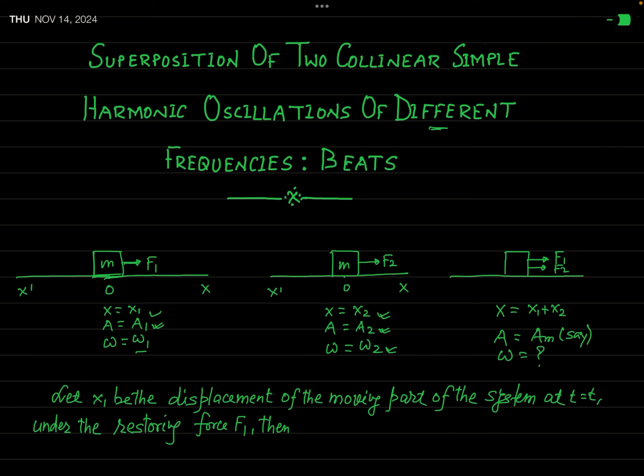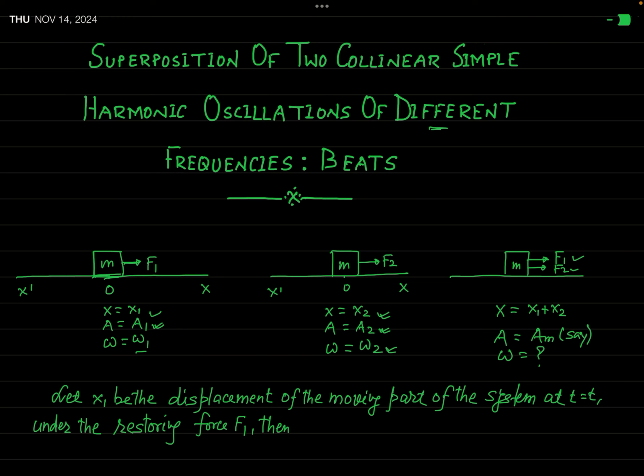Okay? Now we will see what will happen when both of these restoring forces F1 and F2 act upon this oscillator simultaneously. So in this third figure you can see I have shown both F1 and F2 acting on this oscillator simultaneously. In this condition, what will be the displacement of this oscillator at any moment t?